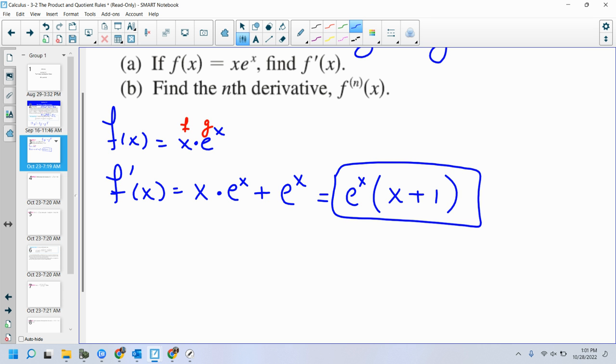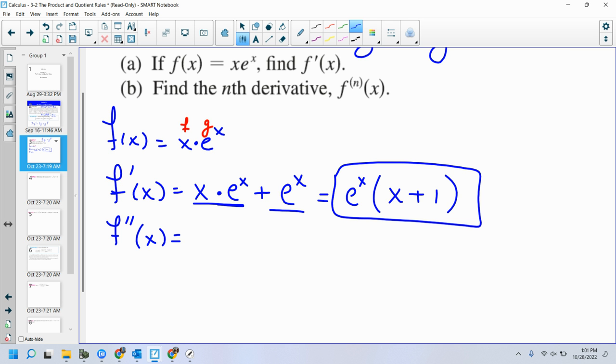Well, I guess if they want the nth derivative, we should try to take the second derivative and maybe the third and maybe the fourth to see if there's a pattern. Why does e to the x and then the x plus 1 factor to that? Because I have a common e to the x in these two chunks. Then what is the x? Oh, okay. Does that make sense?